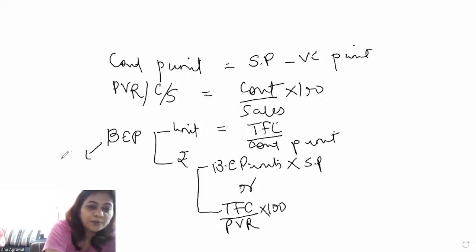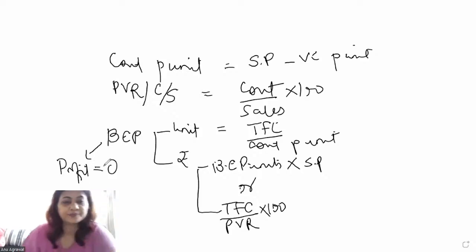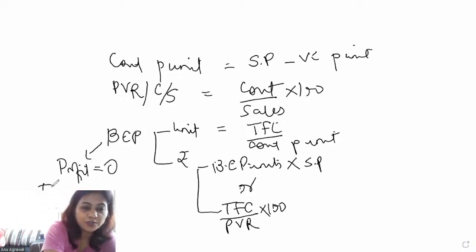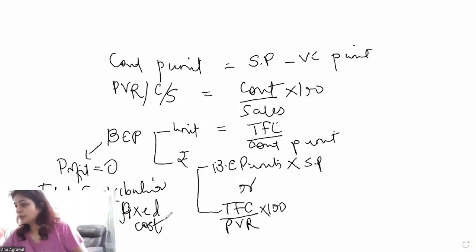Break-even point is a point where profit is 0. That's the point of break-even point. Or you can say total contribution is equivalent to total fixed cost. Yes or no? All of you take 10 seconds, quickly write this.